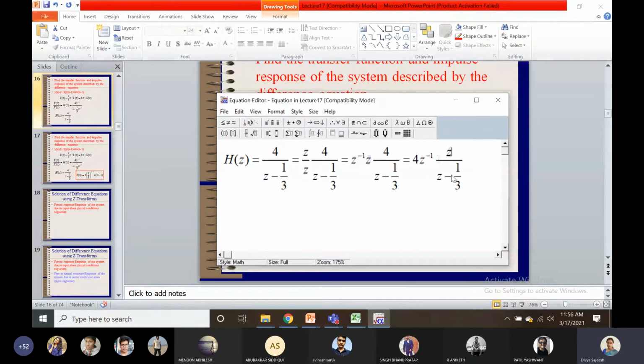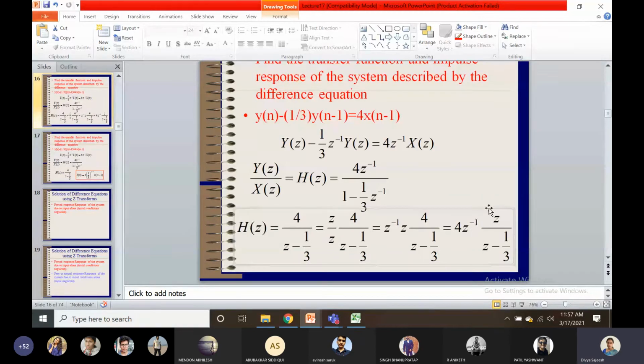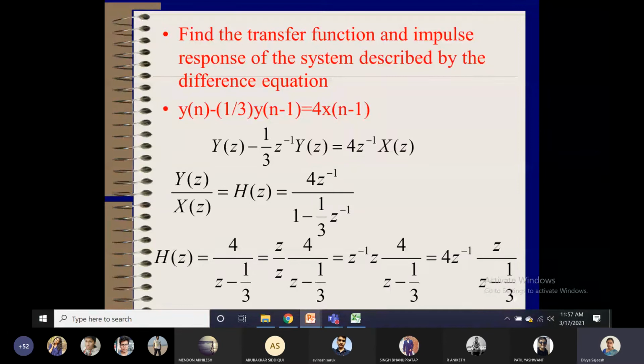The z inverse here means this is a shifted signal, so while I take the inverse z transform, I should write it accordingly. So 4 by z minus 1 by 3, I divide numerator and denominator by z, then I can write it in the form 4 z inverse z upon z minus 1 by 3.